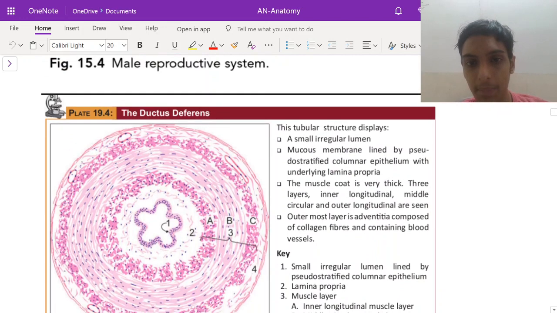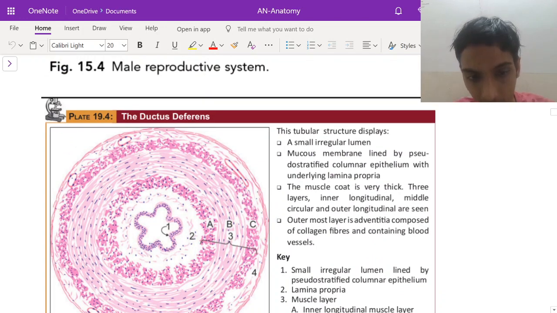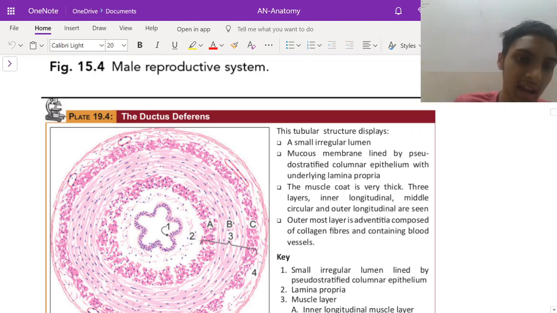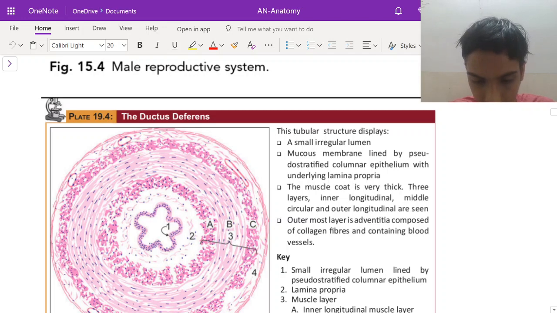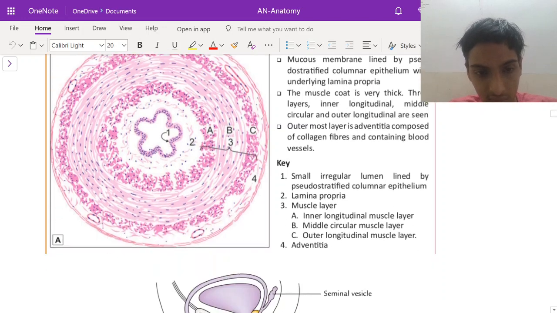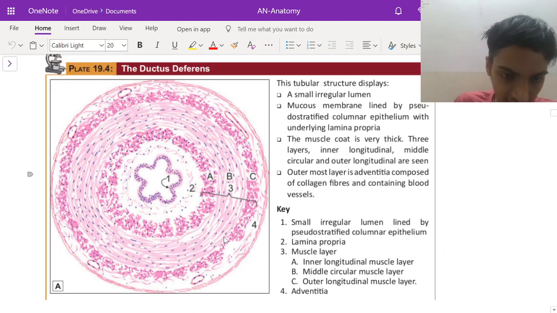Now the arterial supply, it is supplied by the artery to the vas deferens derived from the superior and inferior vesical with the middle rectal arteries. And the venous supply is from the prostatic venous plexus. Now coming to the histology of the vas deferens, very similar to the ureter. One difference is important here. The ureter has transitional epithelium.